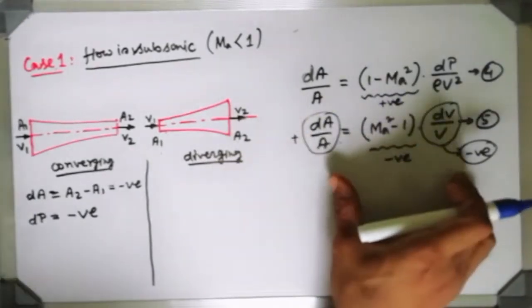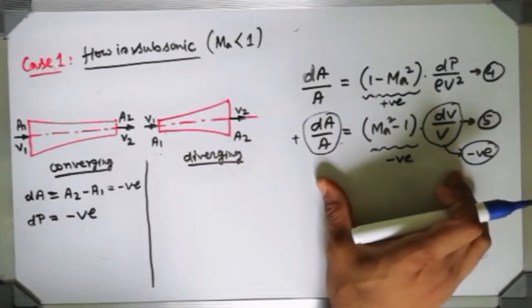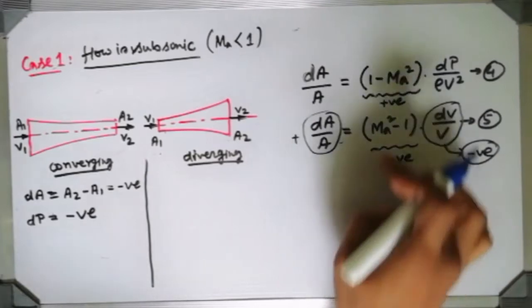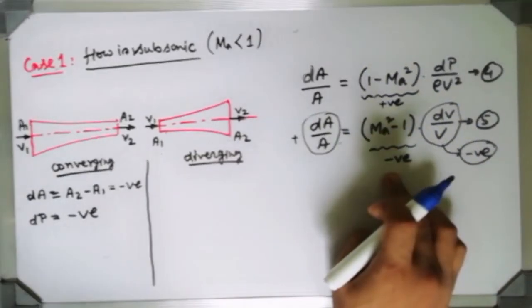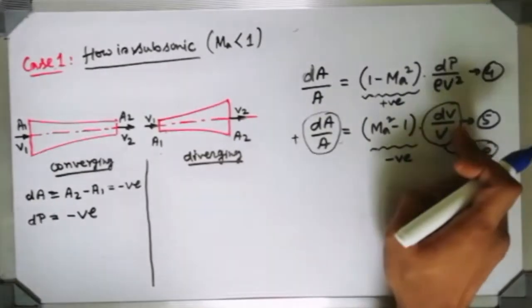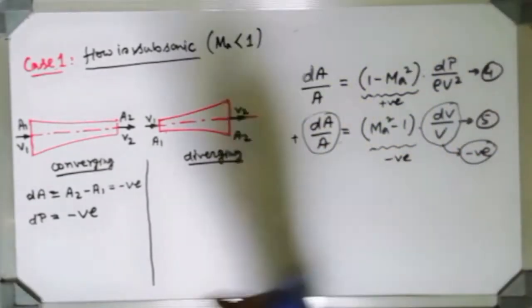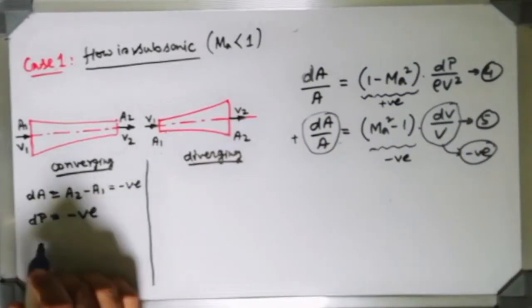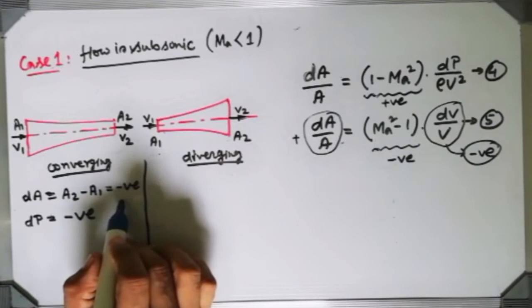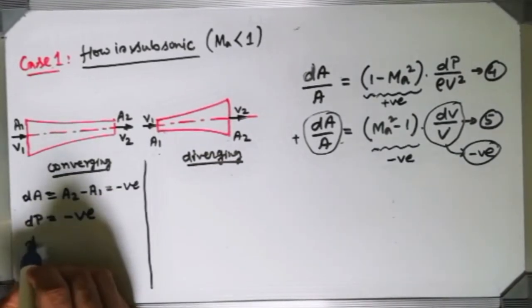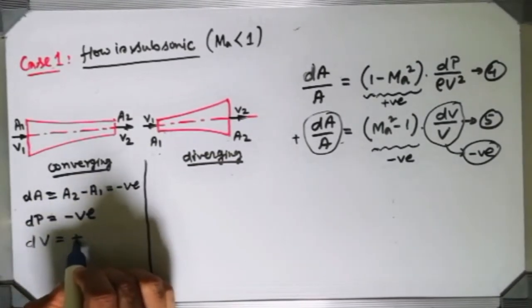From equation 5, just the opposite thing, because this part is giving you a negative value. So dA and dV now work oppositely. Here, while dA is negative, dV will give you a positive value.